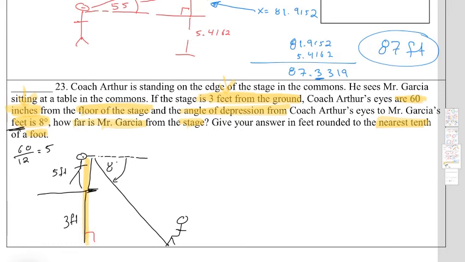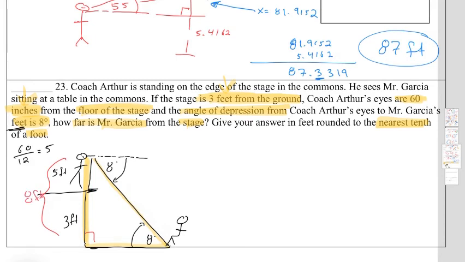And remember, angle of depression and angle of elevation are always going to be the same thing. So if this angle of depression to the feet of Mr. Garcia is 8 degrees, then the angle of elevation is also going to be 8 degrees. And so we have the triangle that we need. I have my angle of reference being 8 degrees, and this entire height is actually 8 feet.